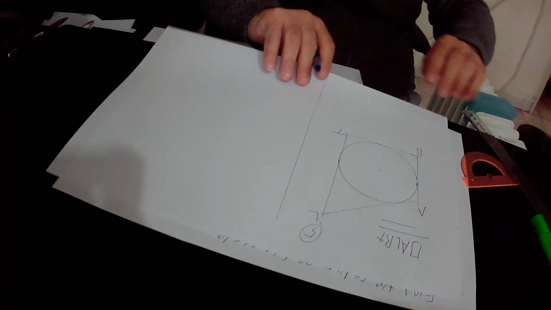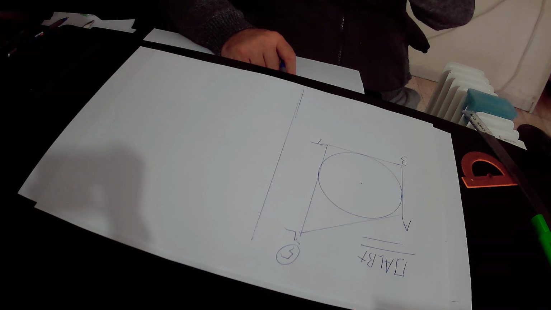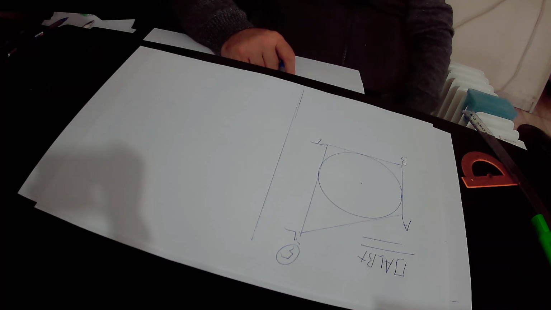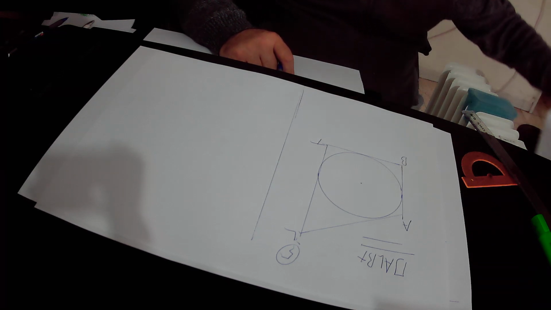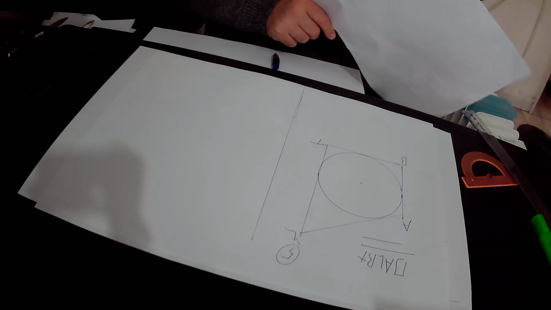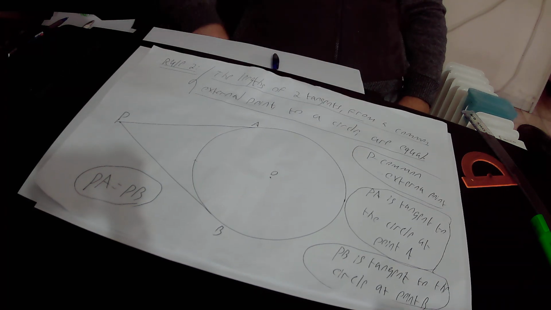So actually, this is quadrilateral ALBT that I copied from the original drawing. You can implement here rule 2. I'll quickly repeat rule 2. According to rule 2, the lengths of two tangents from a common external point to a circle are equal.